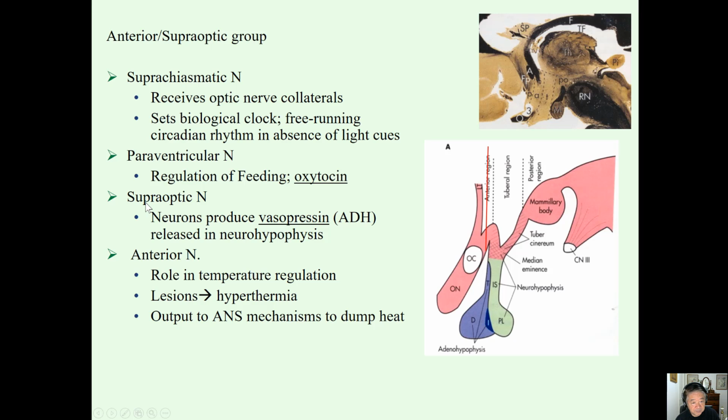Then there is the supraoptic nucleus, and also the anterior nucleus. We cannot see them from this sagittal section, but we will be able to see them on the coronal section.